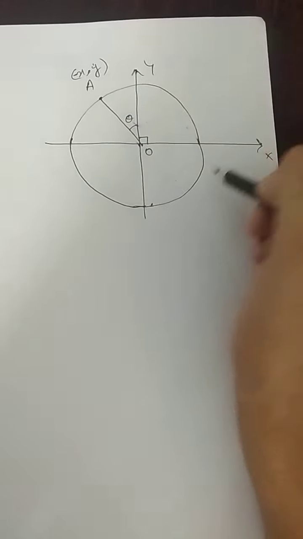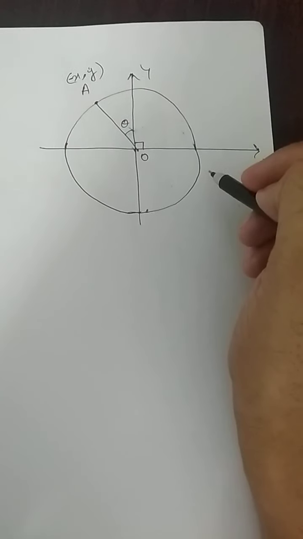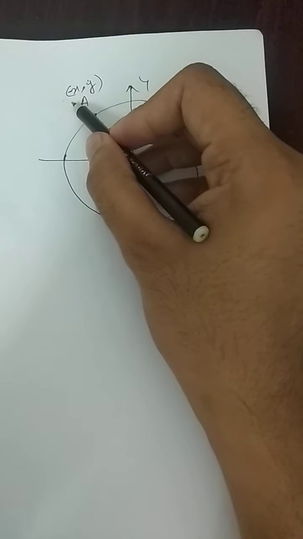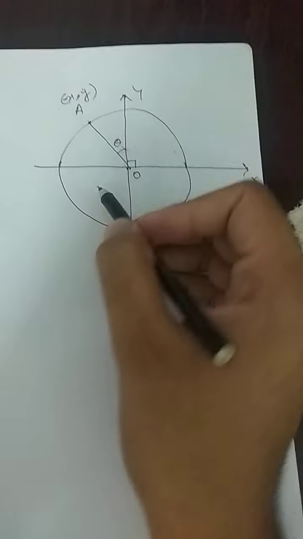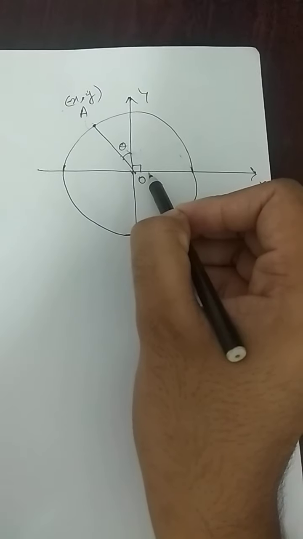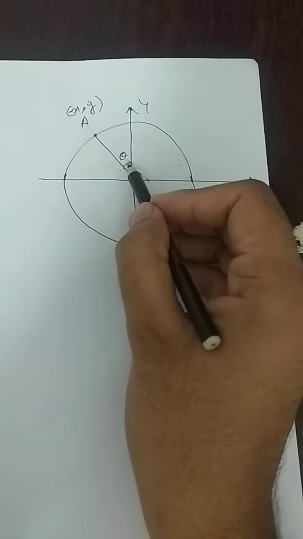Now for the second part of the video, let us consider this Cartesian plane with a circle of radius 1 unit and a point here with coordinate (minus x, y) as it is in the second quadrant. And this total angle is 90 plus theta, 90 for this quadrant and theta here.